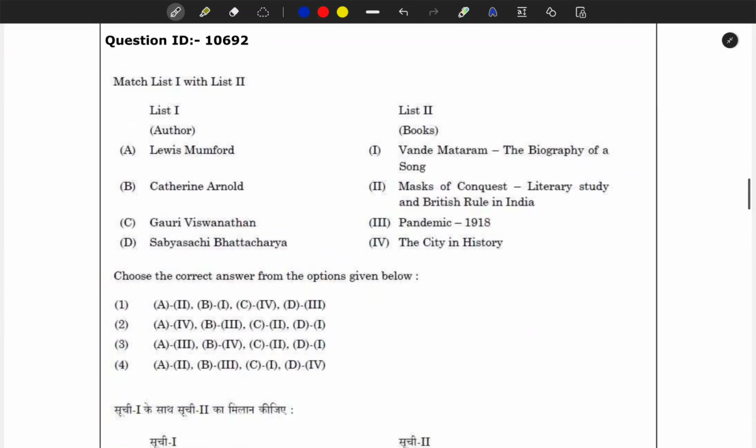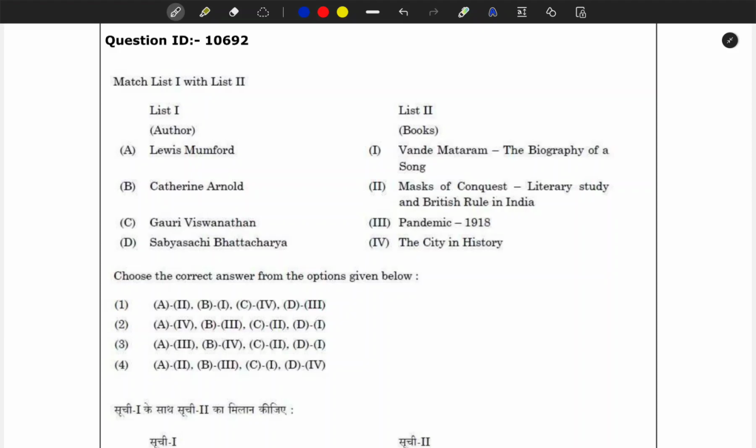Next question is that you again have to match the following, as I said, with the historiographical literature. Here you can see there are a few very known names: Catherine Arnold, Gauri Viswanathan, Sabyasachi Bhattacharya.